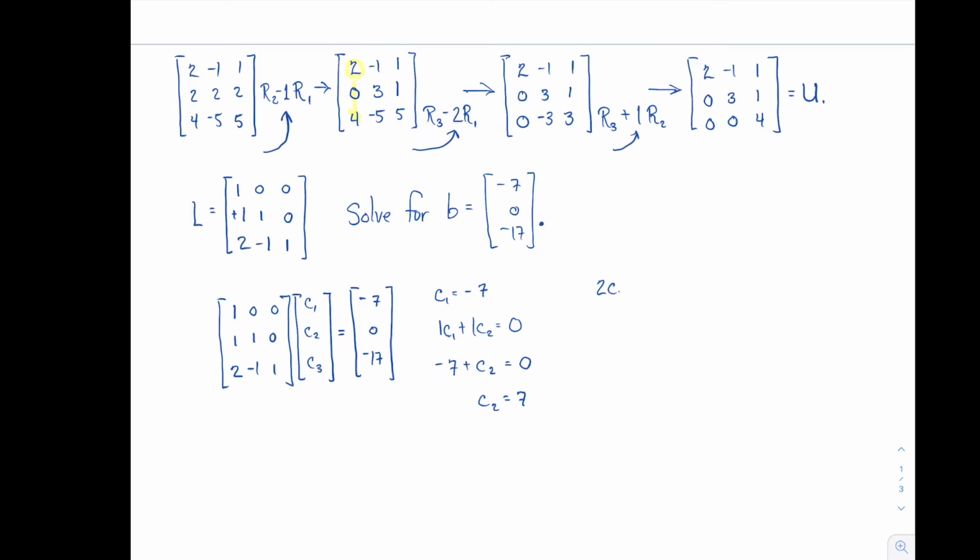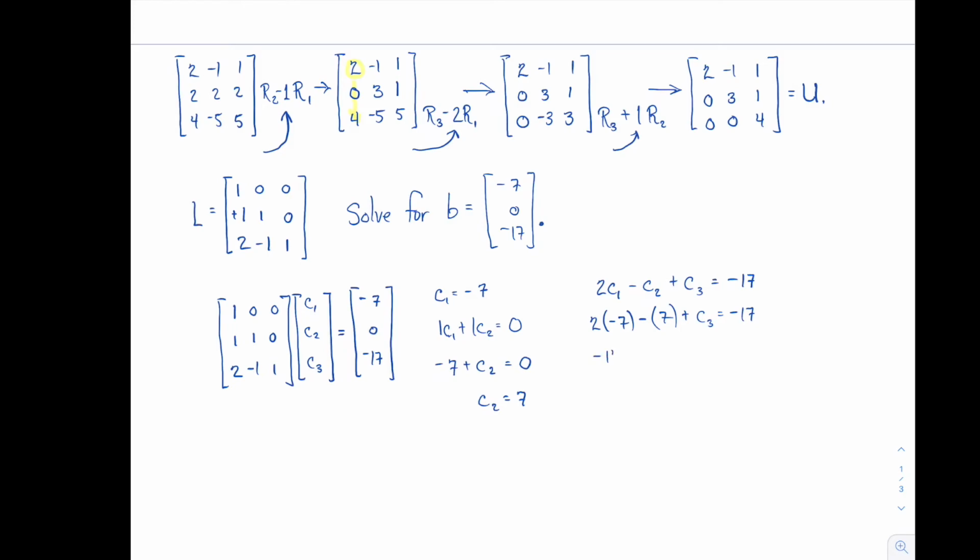And then finally, our last equation says that 2C1 minus C2 plus C3 is equal to minus 17. Now let's use what we know. So this is going to be 2 times C1, minus 7, minus C2, which is a 7, plus C3 has to be minus 17.